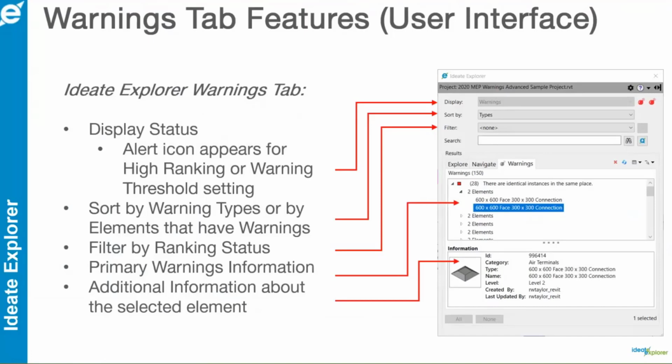And again, this is going to show you these 2 alert icons, whether you've got high ranked warnings or are over your threshold. And then we're also giving you information about the element that you've selected. So we're giving you who created it, who last updated it, and some information that is not, let's say, readily apparent without going to the properties palette within Revit. So that's kind of nice.